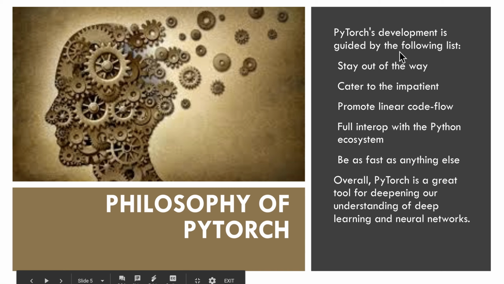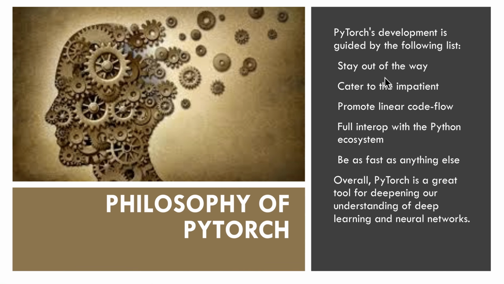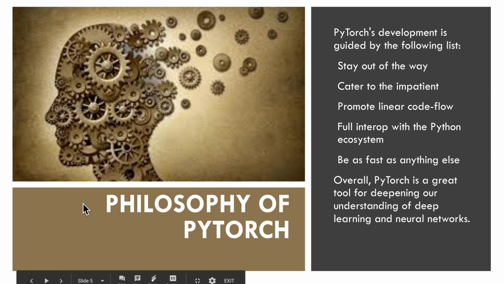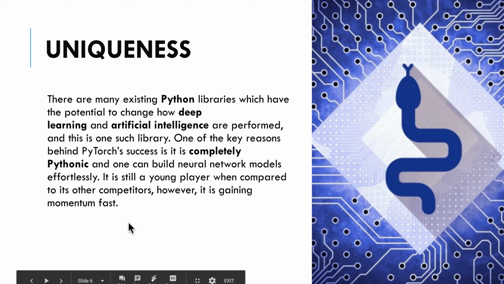Now PyTorch's development philosophy is: cater to the impatient, linear code flow, be completely compatible with Python, and that's very important. And it's also a great tool for understanding deep learning and neural networks.